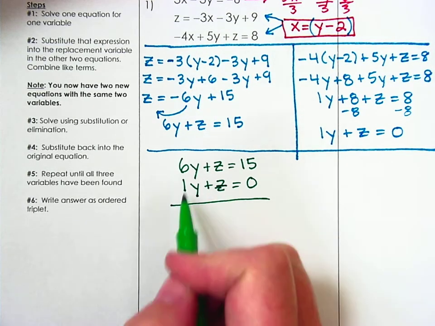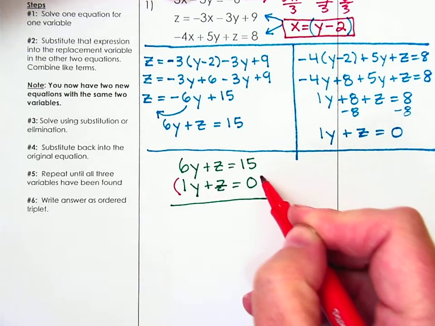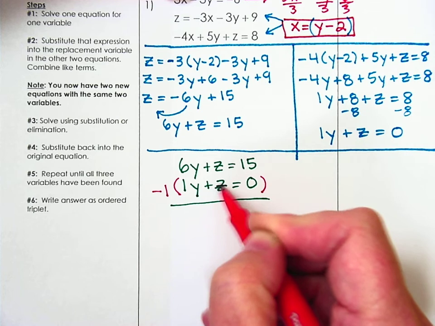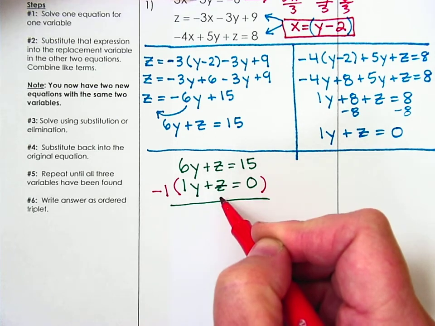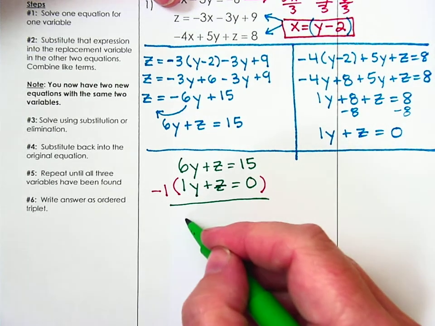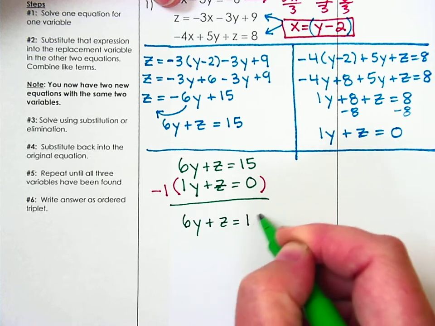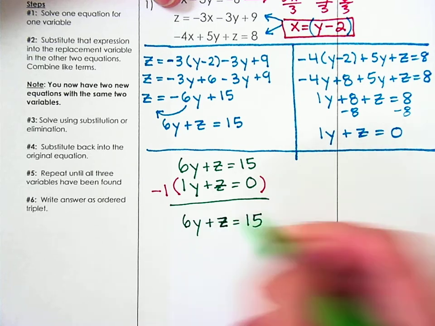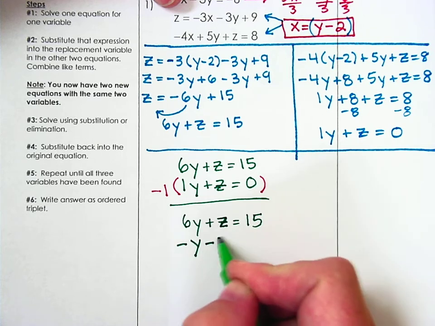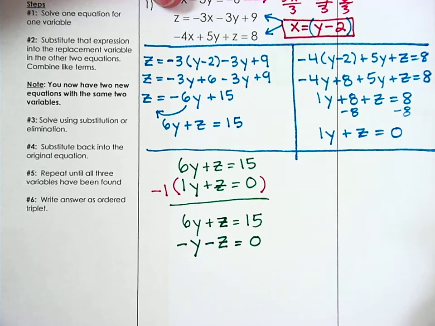I have a few options. I'm going to choose to multiply the second equation by a negative 1. That's going to allow the z term to become negative, and my z's will cancel out. So when I rewrite this, I have the original equation, 6y plus z equals 15, and then the multiplied equation, negative y minus z equals 0, because negative 1 times 0 is 0.